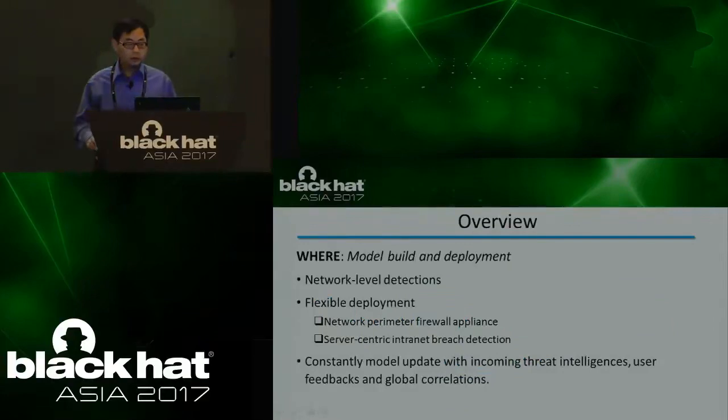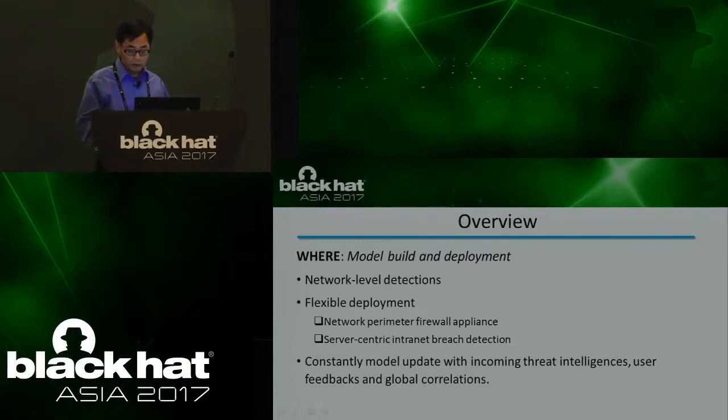Okay. Next, talking about where we can deploy. Basically, we can deploy at the perimeter, integrated with a firewall appliance, and also we can do server-centric deployment inside your network. We can deploy close to your servers and do the protection around the server.